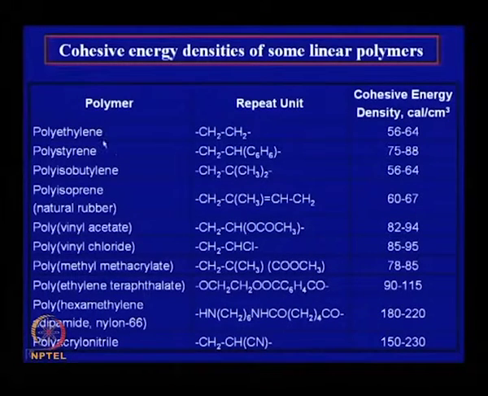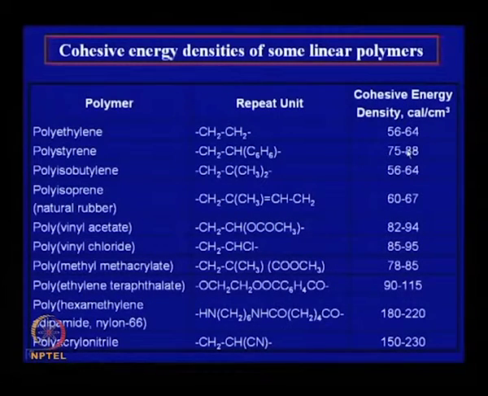This way, if you move from polyethylene to different other polymers, and look into the structures and their configurations and the atoms present there, then you can correlate their cohesive energy density.